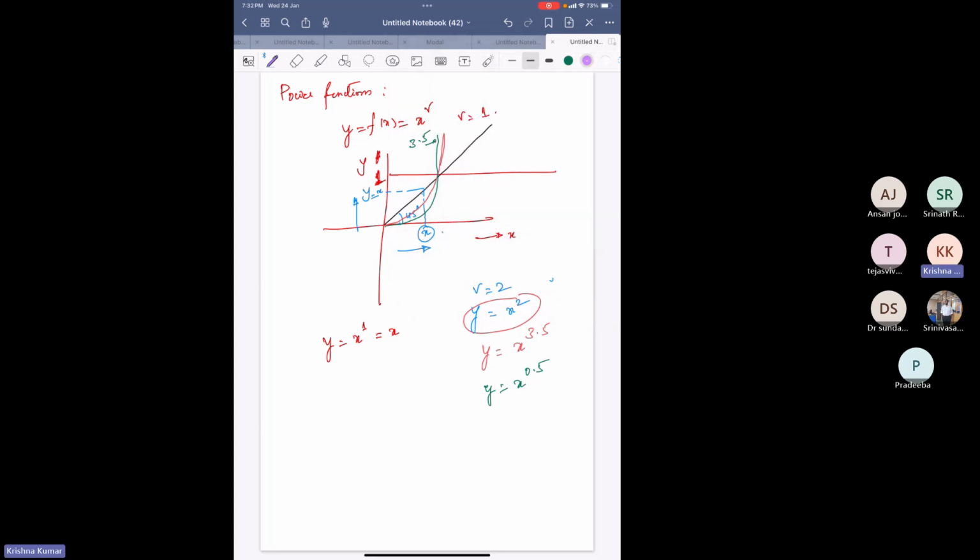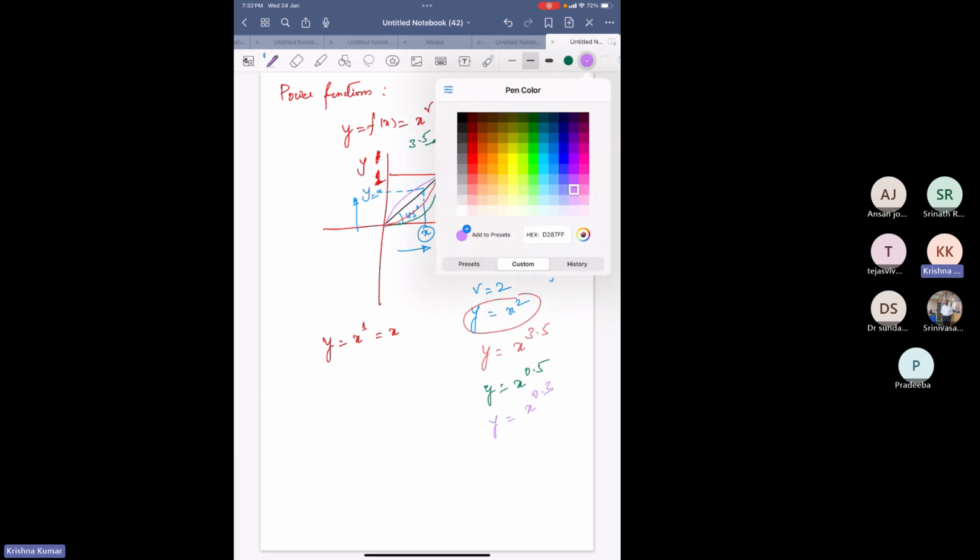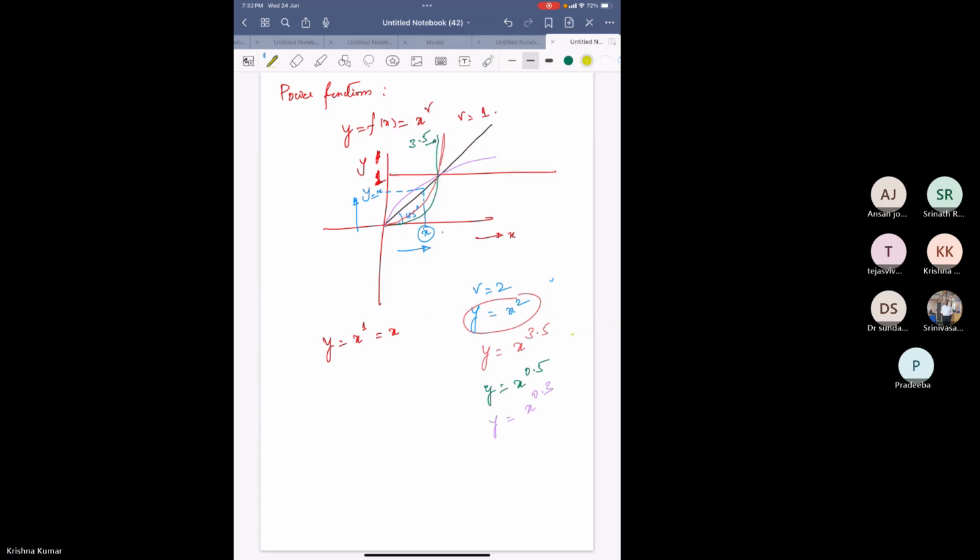Look at this carefully. y is equal to x power 0.3. How would this curve look like? I will plot that in MATLAB later so that you are sure. You can plot it too, but let us see how that curve looks.